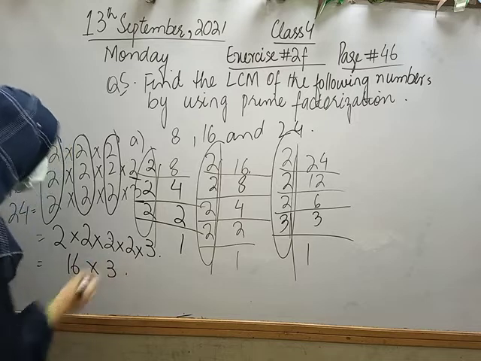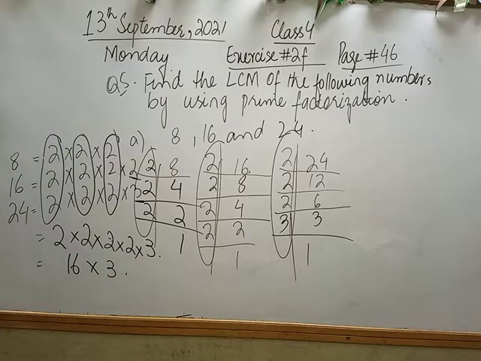Then we have number 3. So we will simply multiply 16 into 3. Am I clear, class? What would we do in the end? Okay. I have a two-digit number which is 16, and I want to multiply by 3, which is a single-digit number.